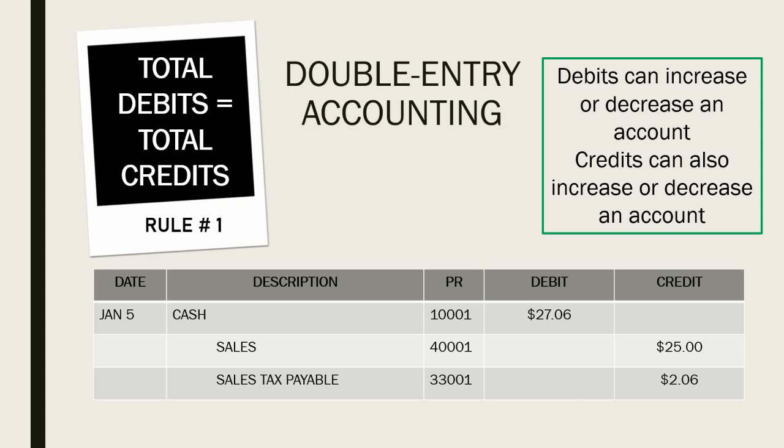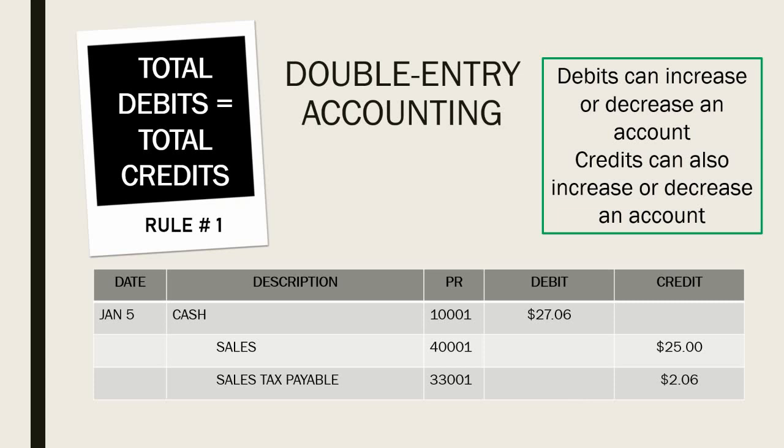This is where applied science also works: if you have an action, you should have an equal and opposite reaction. So if I had a sale, that means I earned income, so I'm going to increase it.